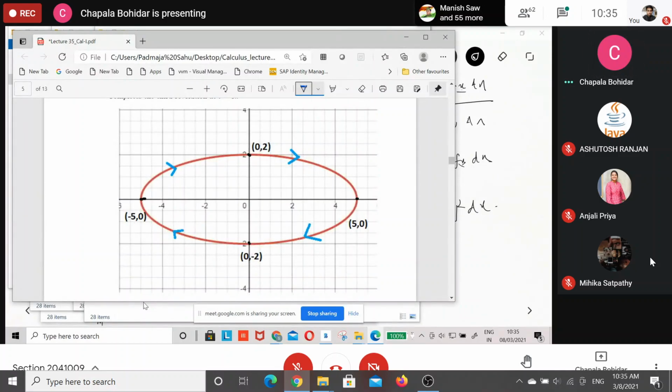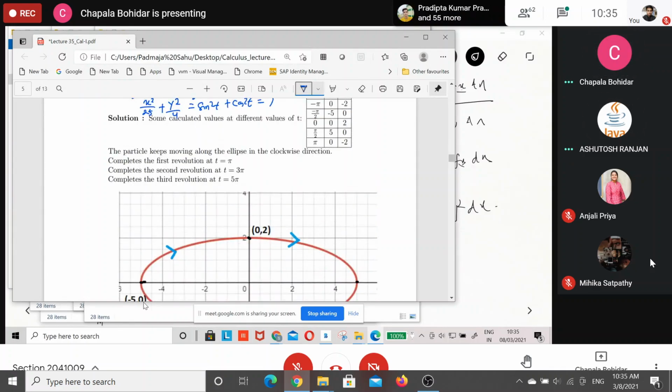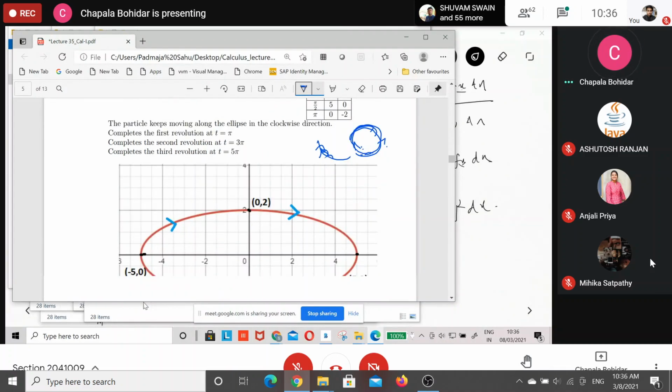So here, you see the figure. Starting from this point, it moves anti-clockwise. Sorry, it is the clockwise direction.